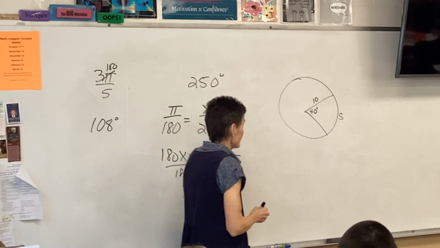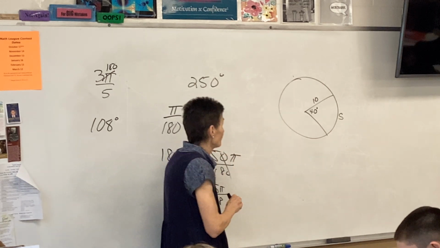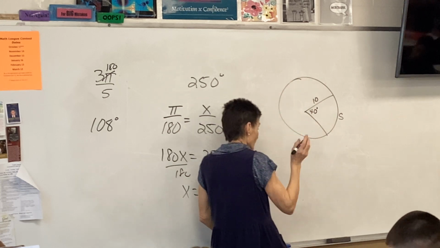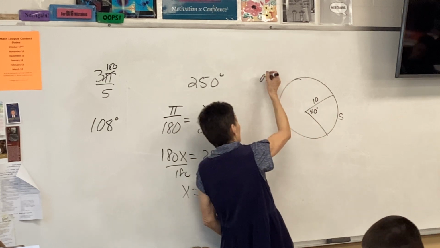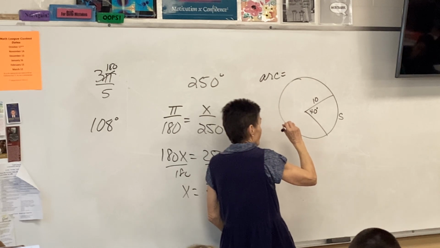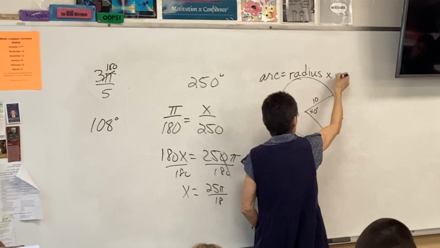Now we haven't done one of these in a very long time. This is an arc length problem. What do we remember about arc length? Does anybody remember anything about arc length? Arc length equals, we have a little formula. Radius times radians.